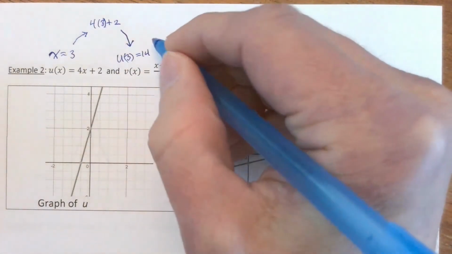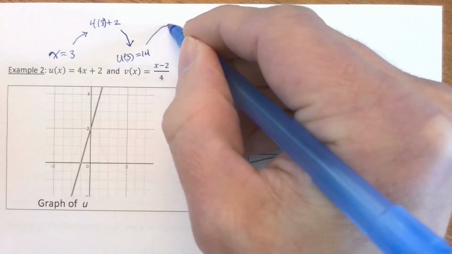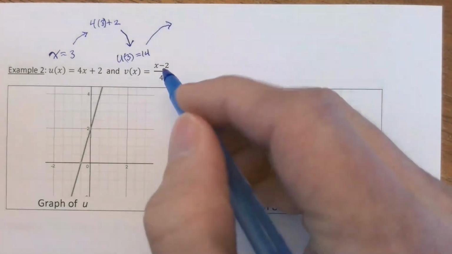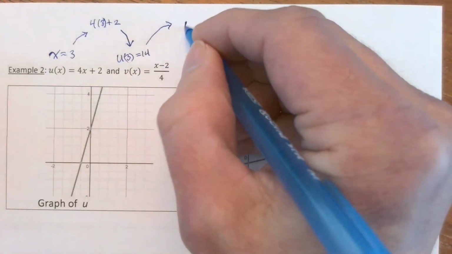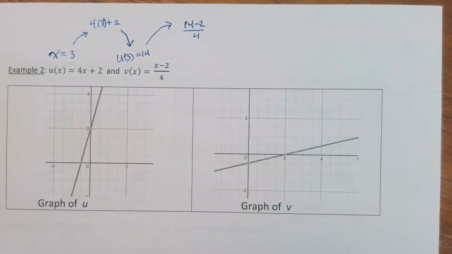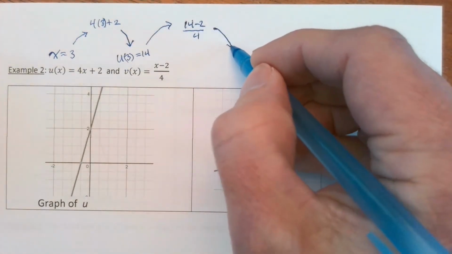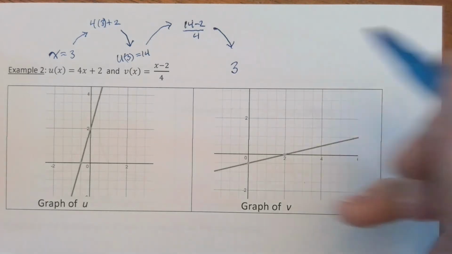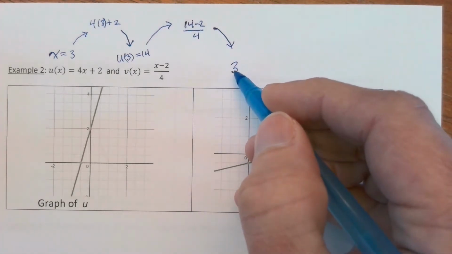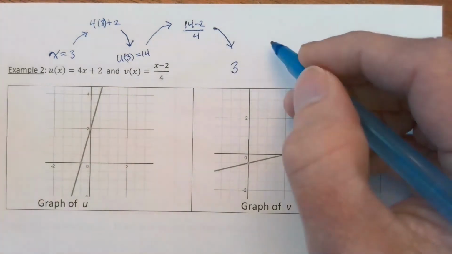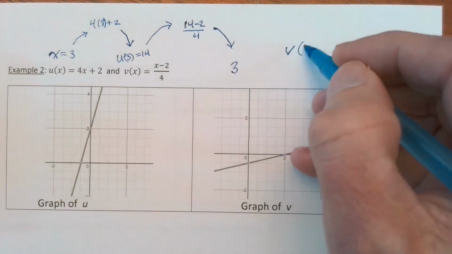Now, if we take that 14 and plug it into the proposed inverse function v, that would be 14 minus 2 divided by 4, which is 12 divided by 4, which is 3. Now this 3 was achieved by doing what? Putting 14 into the v function. So this 3 is v of 14.